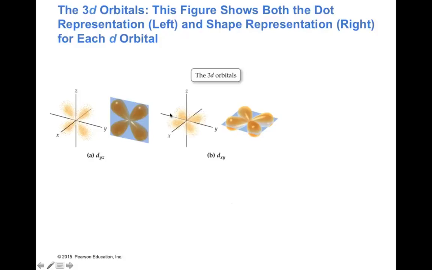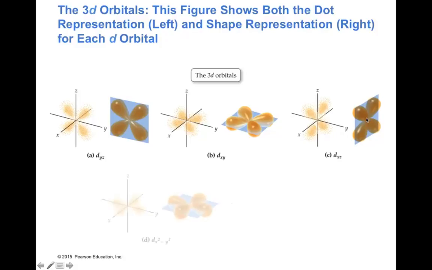This one is in these coordinates here, in the plane. So you have the same concept: the node here and 4 areas where you can have a higher probability to find the electrons. The third one is basically in the z plane, where you have the 4 areas of higher probability to find the electrons, and the node in the middle. This one is on the x axis, including the coordinates.